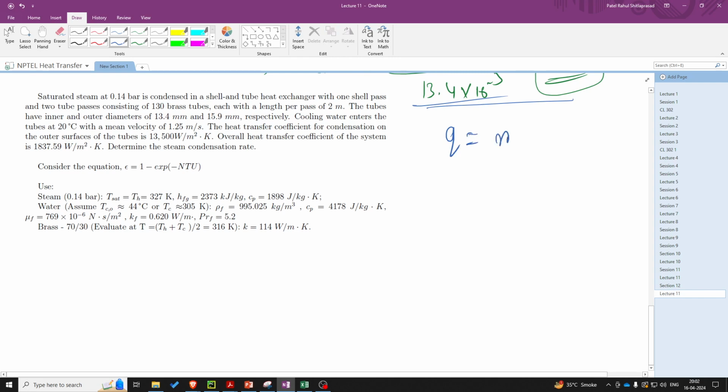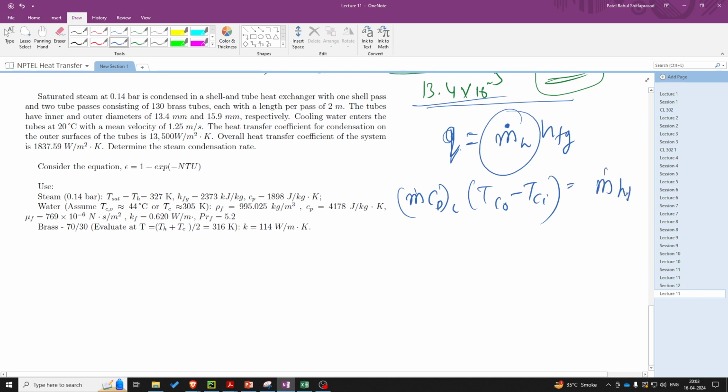The heat exchanged will be Q = m_dot_h times h_fg, where m_dot_h is the condensation rate that we have to find. We know that this Q will be the heat exchanged by the cold fluid, so it will be m_dot_c Cp_c times (Tc_out minus Tc_in). This m_dot_h we have to find, divided by h_fg.